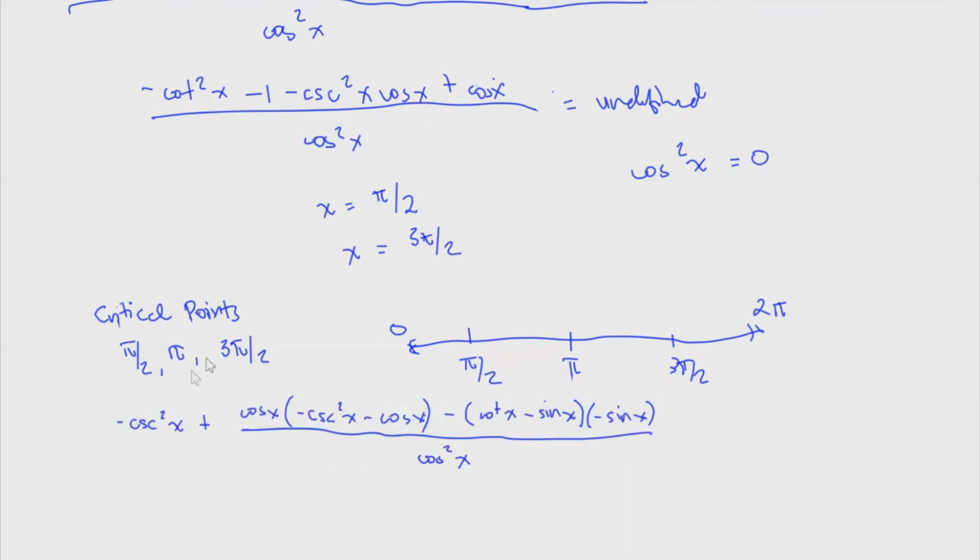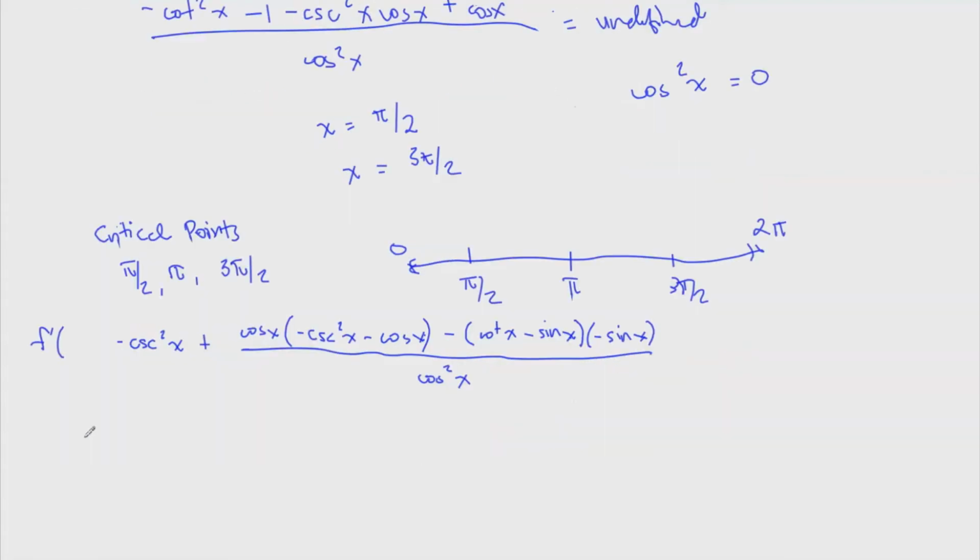Okay, so for this one, for example, I have f prime of, let's say between 0 and pi over 2, so let's make it pi over 4, because that's in the middle of 0 and pi over 2.